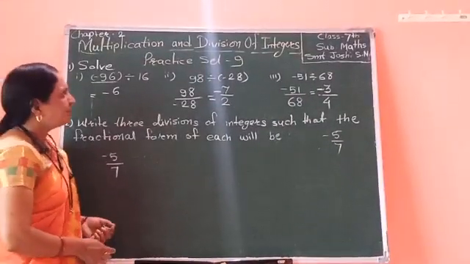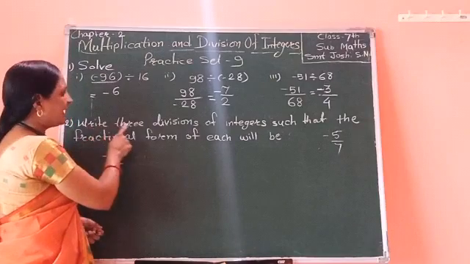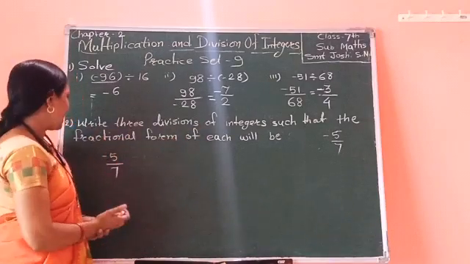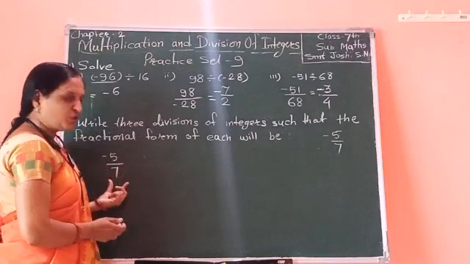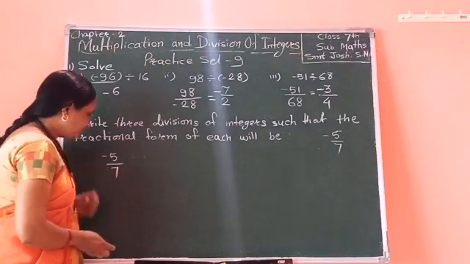Third example in practice set 9. Write 3 divisions of integers such that the fractional form of each will be -5/7.